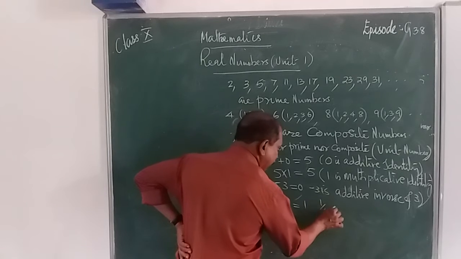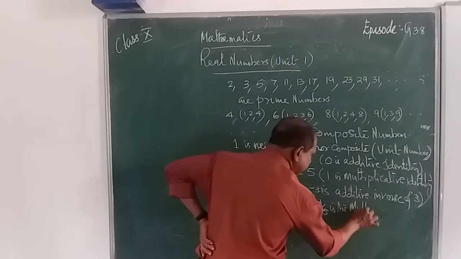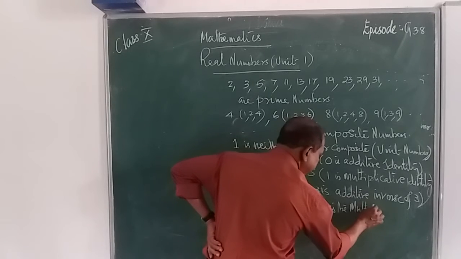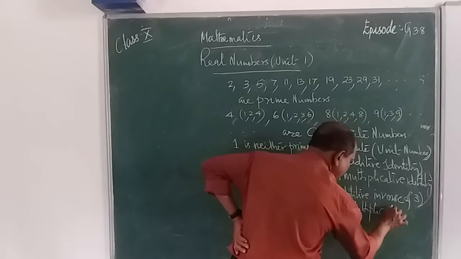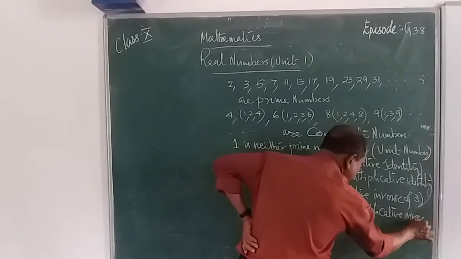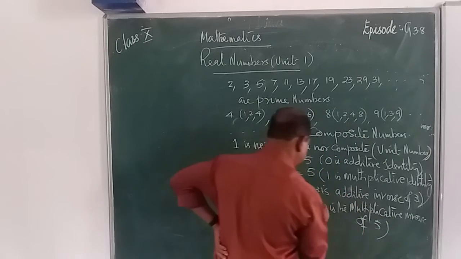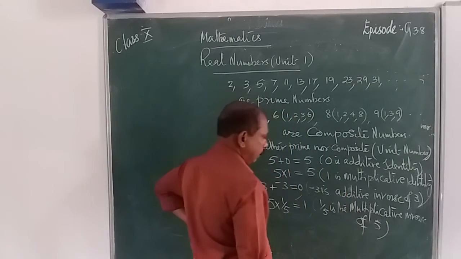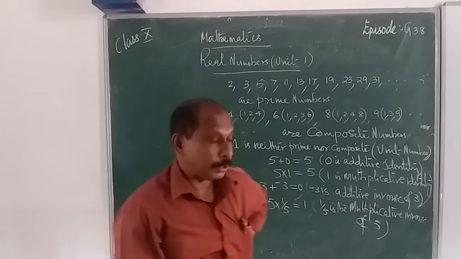Therefore, 1 by 5 is the multiplicative inverse of 5. That means there is an additive inverse and also a multiplicative inverse.